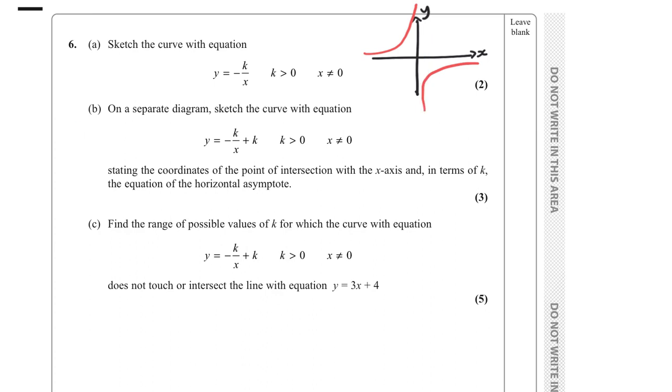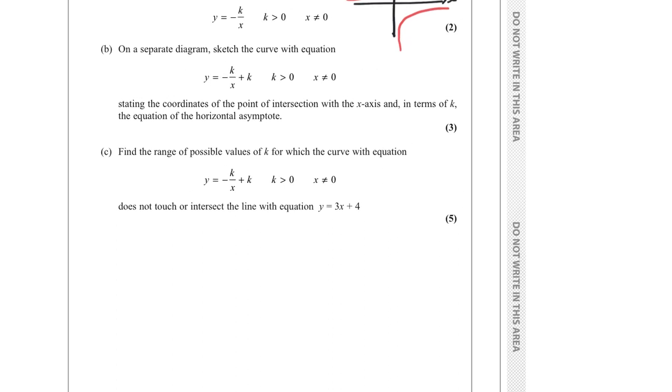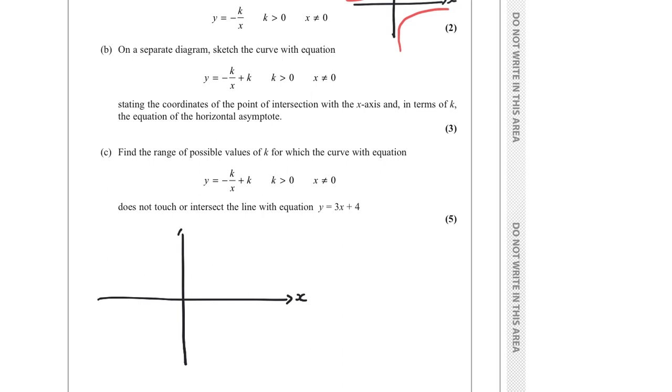So I'm going to draw it here, and essentially move it up by k. Oh, that was terrible. Oh, no. There we go. Now remember, we're going to have this asymptote, aren't we? Whatever we moved it by, this is going to be our asymptote, y equals k.